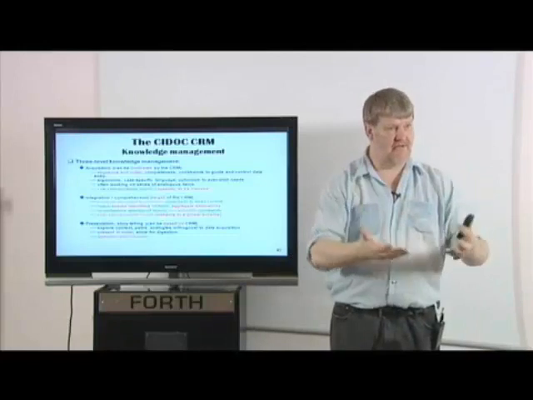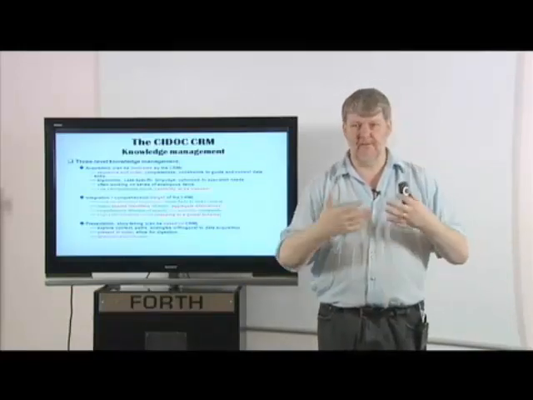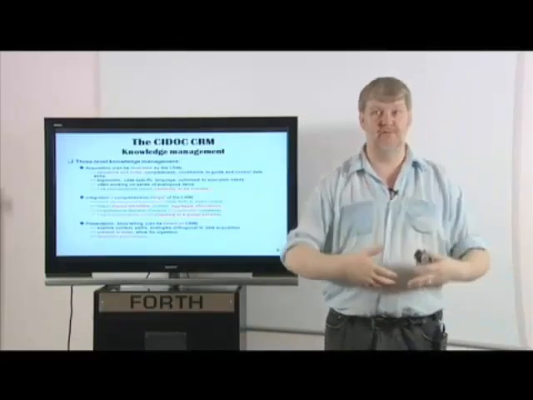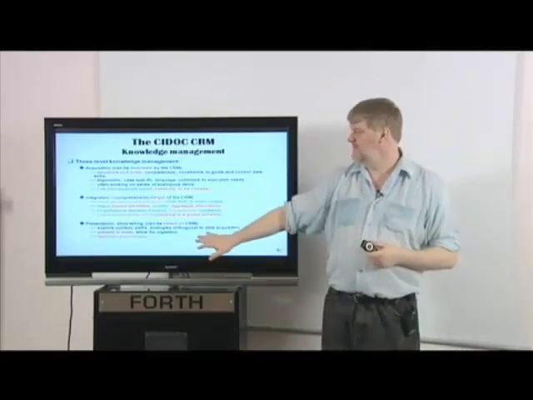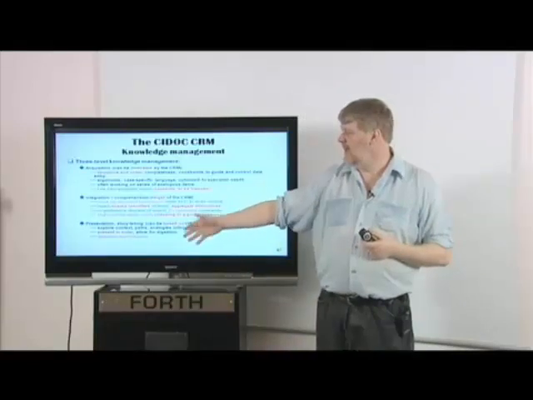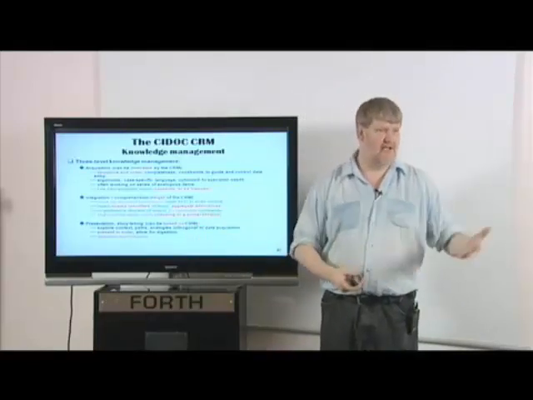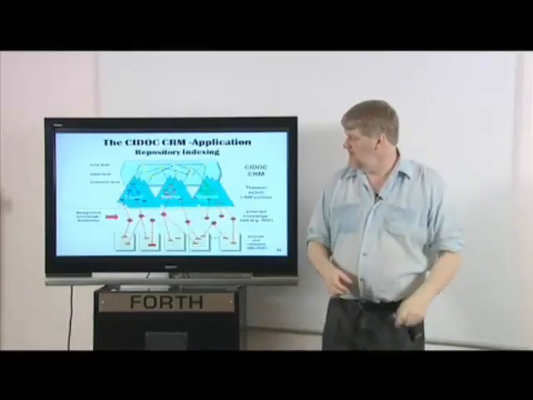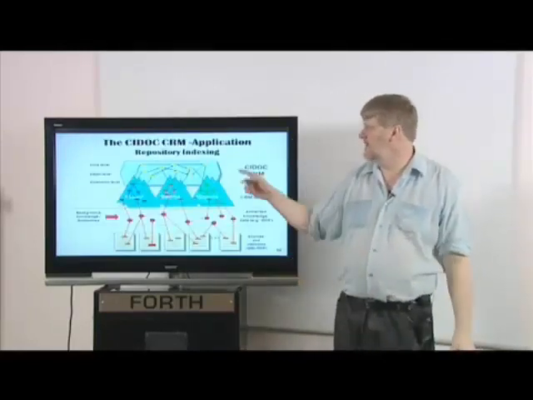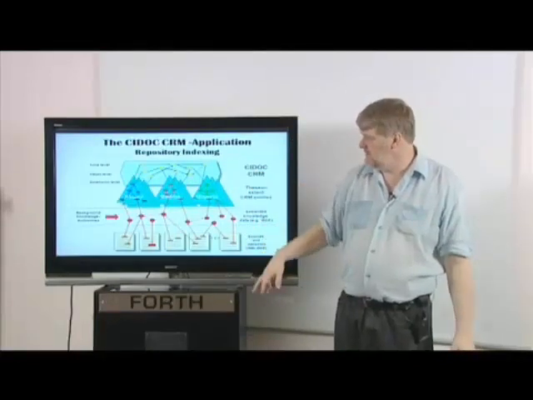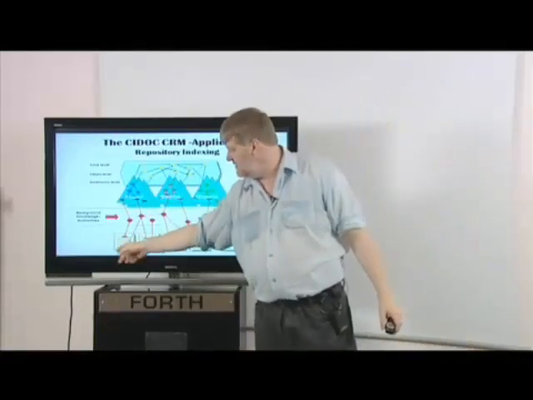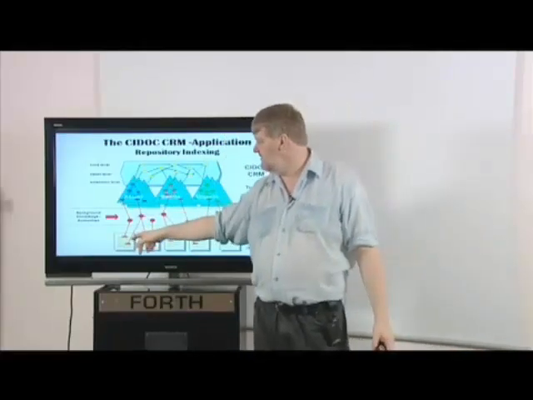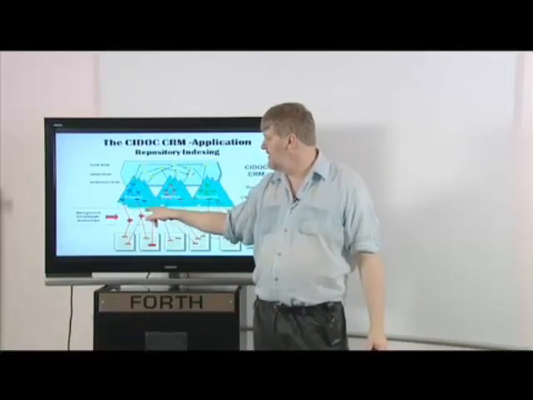So this is the end result, which is going to be based on the work we did in the rich CRM environment. Now, one of the ways that we can use the CRM as an application is to do this kind of repository indexing, where we're going to go into the individual documents, whether this is a database or a text document, and we're going to extract information out that refers to things in the CRM, so actors, events, and objects, and identify the fact that this is in this document, and this is in this document, and it also appears in this document.